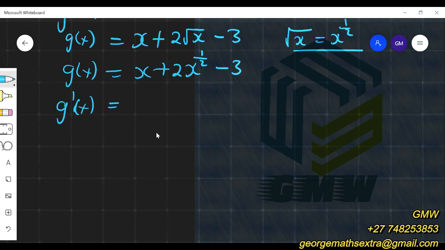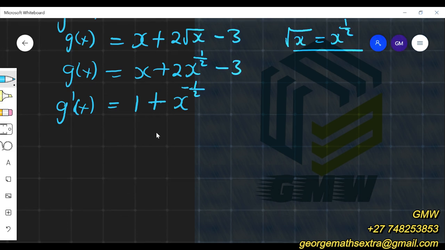So now, if we differentiate here, what do we get? 1 plus x, because the half and the 2 will multiply. x to the power what? Negative half, because you did half minus 1, right?